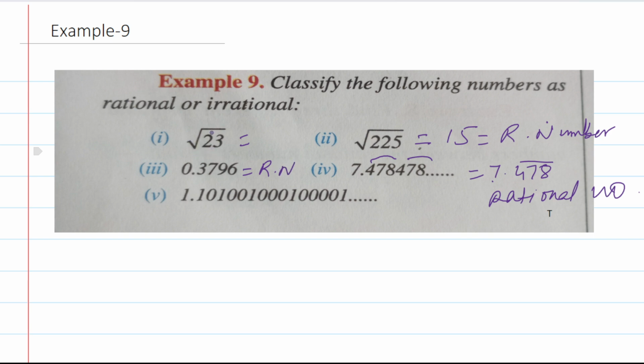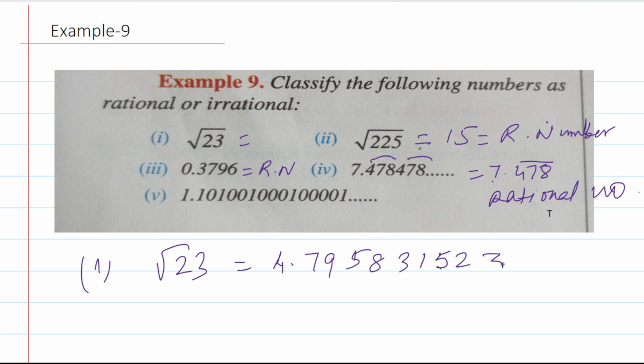What about this root 23? I cannot take out this root, but if you take it out, you'll get like this. I'll just show you. If you divide it, taking out the square root, you will get 4.795831523 dot dot dot.